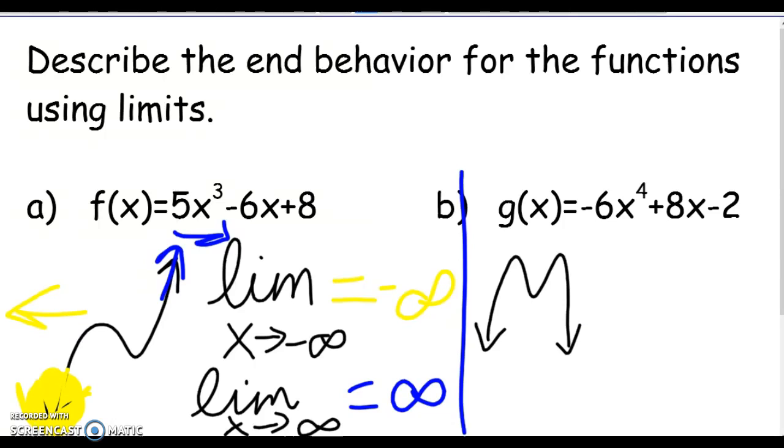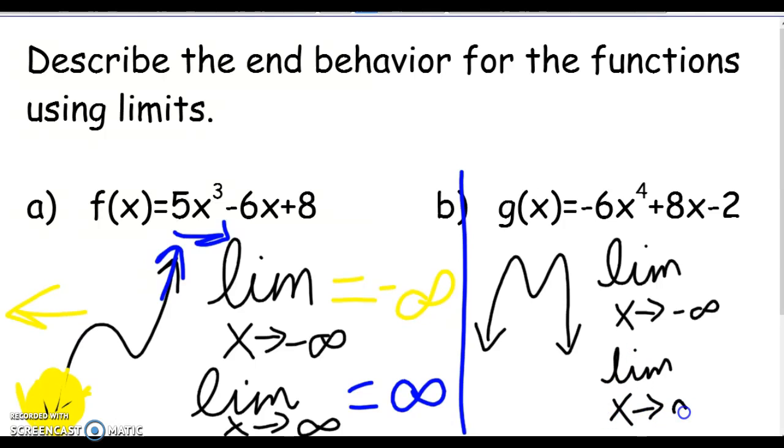So I've got 2 limits. The limit as x approaches negative infinity, so as x gets smaller and smaller, and the limit as x approaches positive infinity. As x gets smaller and smaller, what is happening to y? It's going to negative infinity. Then, as x gets bigger and bigger, what's happening to y?